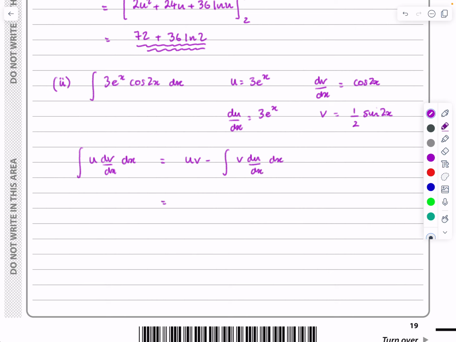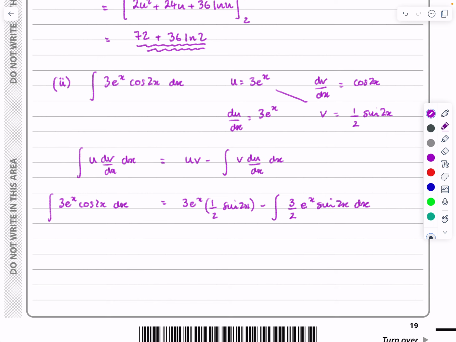If I plug all that in, the integral of 3e to the x cos 2x dx is equal to uv, which is 3e to the x times half sine 2x, minus the integral of v du, which is always the bottom two. Tidying that up gives 3 over 2 e to the x sine 2x dx.